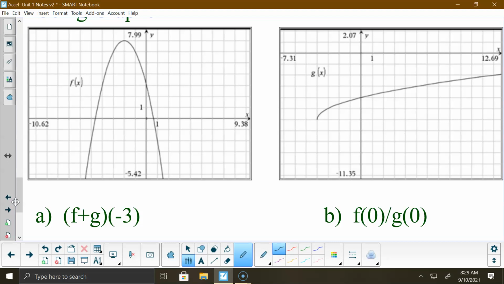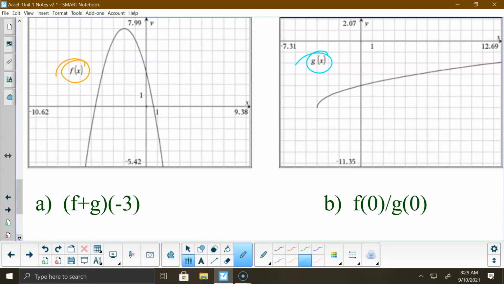Don't overcomplicate these either. Take a peek. This one's f of x. This one's g of x. Like, where's Waldo? So I've got to do f of negative 3. So 1, 2, 3 is here. F of negative 3, we got up here at 6.